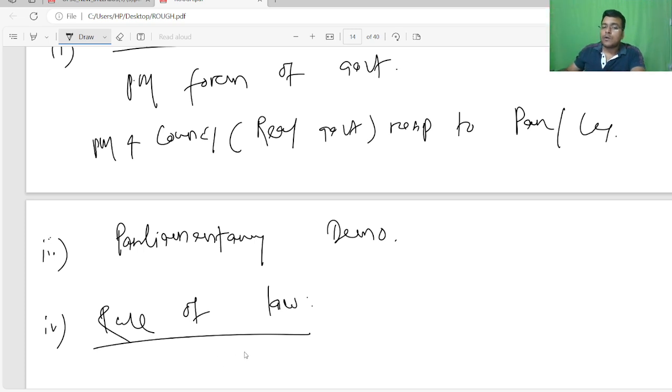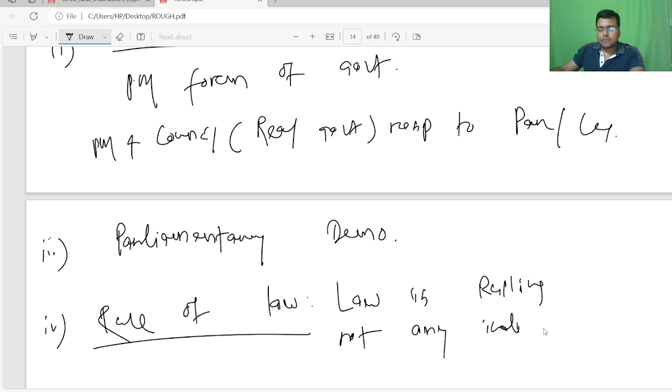Rule of law. That means law is ruling, not any individual. So that law is what is mentioned in the Constitution.